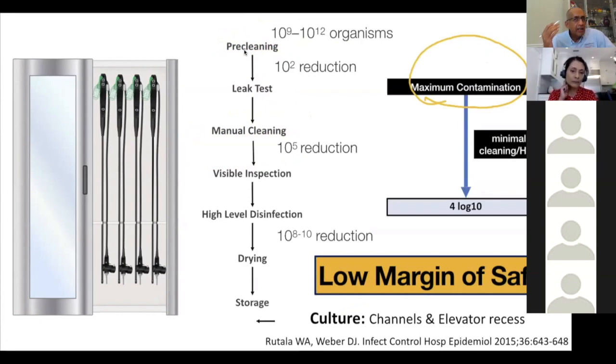At 10 o'clock at night, they may be tired and they may not follow every step. And then the cleaning is a little bit suboptimal. You would leave that amount of bacteria in the scope. So there is a low margin of safety, especially with reprocessing. So these are things we should figure out a way to address.